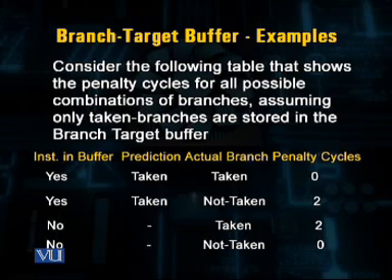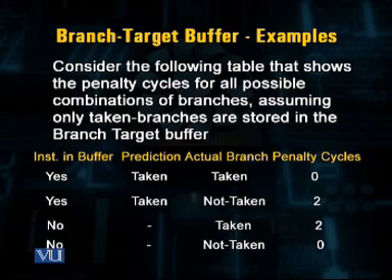Here, if the instruction is in the buffer and it has been predicted as taken, and if the actual branch has been taken, this means there is no penalty. Whereas if the actual branch is not taken, then a penalty of 2 cycles will be there.